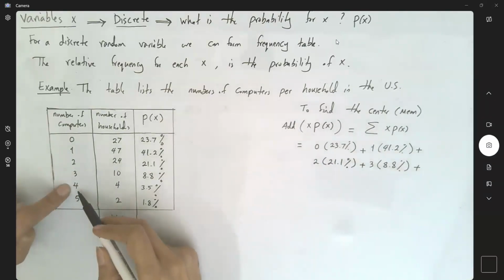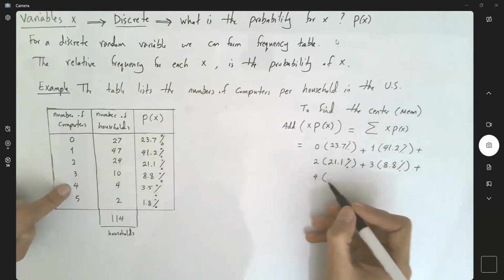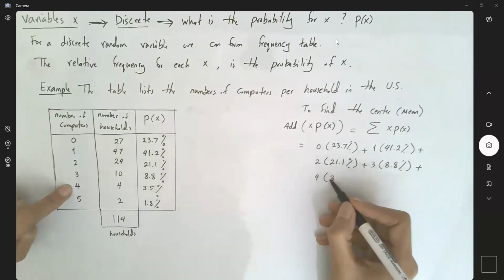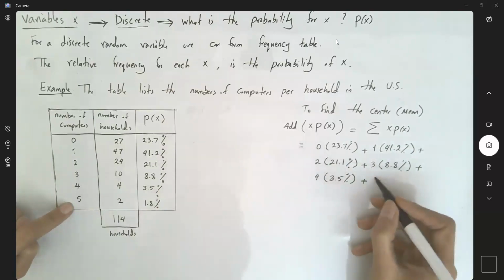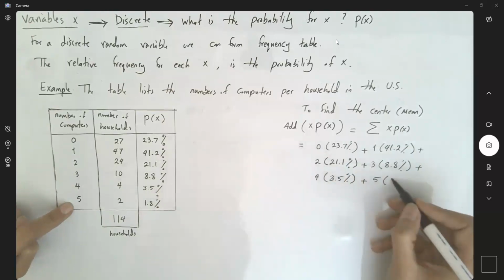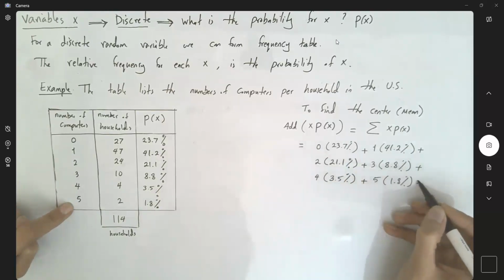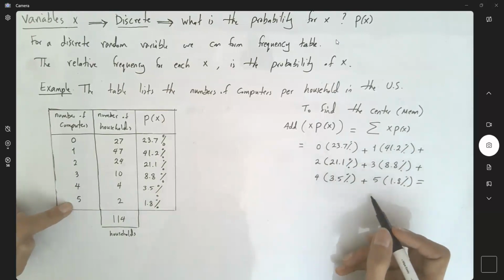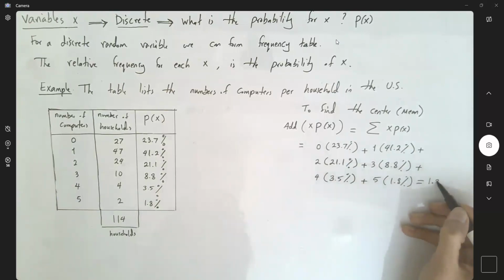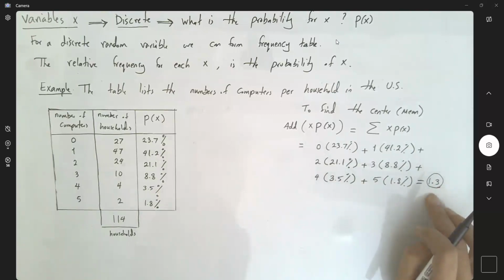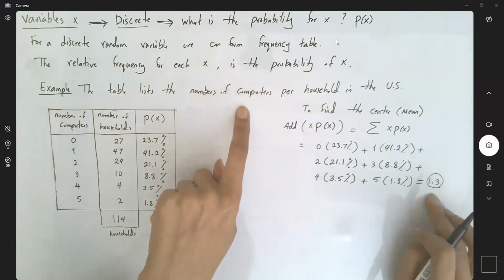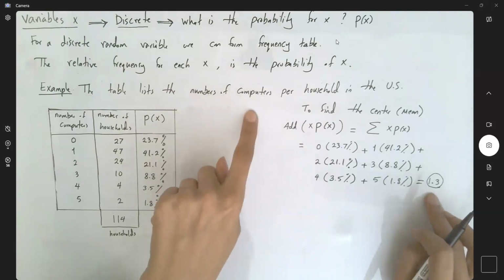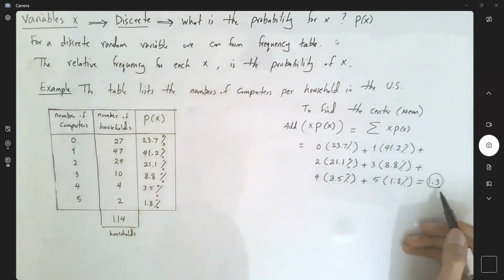Then I'm going to go to the next variable, which is 4, multiply that by its probability, 3.5%. And my last variable is 5. I'm going to multiply that by its probability, 1.8%. If you do this, you get the mean 1.3. So the average score for the employees, or the households having computers is 1.3.